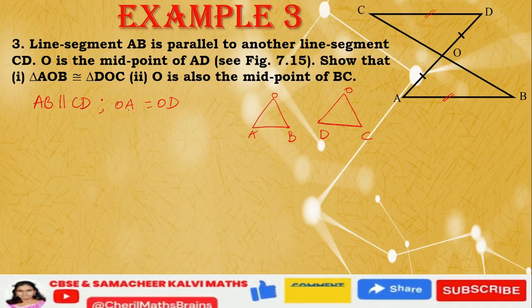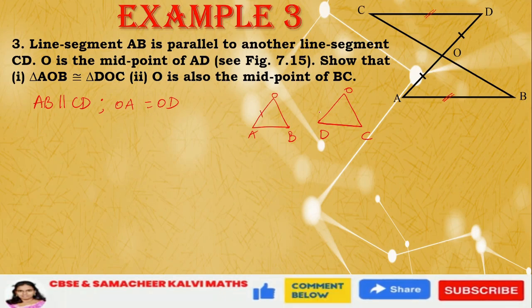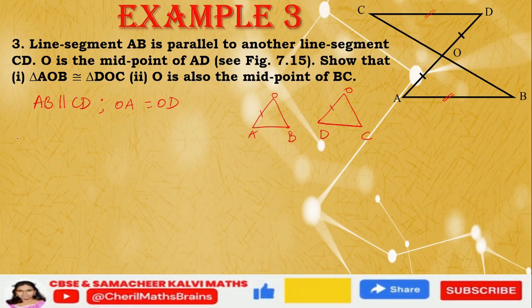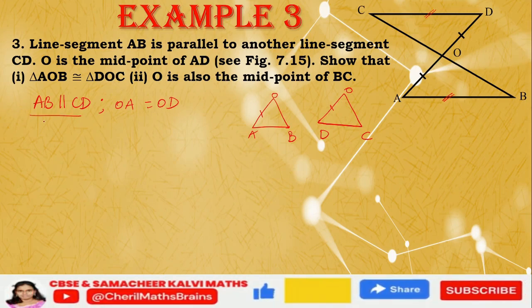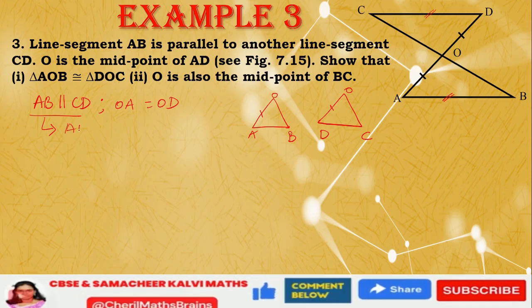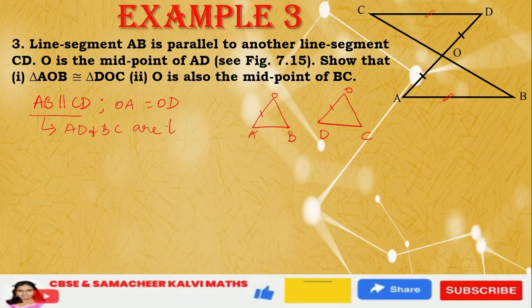Out of this, what do we know already? We know that AB and CD are parallel, and that OA is equal to OD. These two sides are equal is what we already know. Now we have one more thing here. Since these two lines are parallel, AD and BC are the transversals.